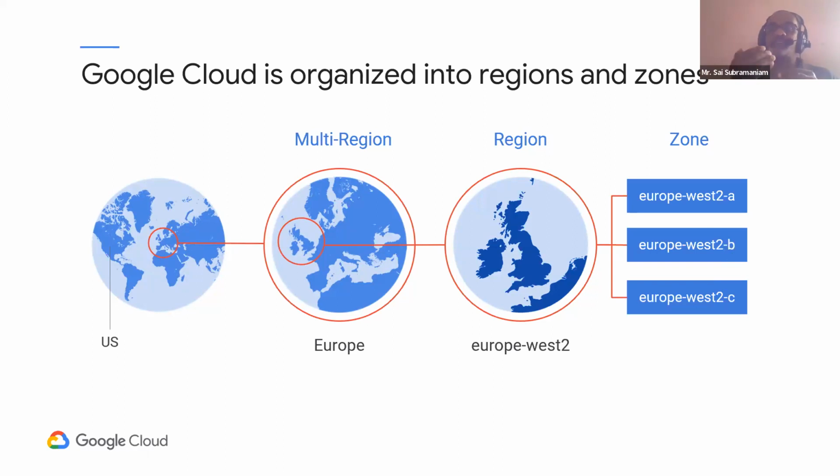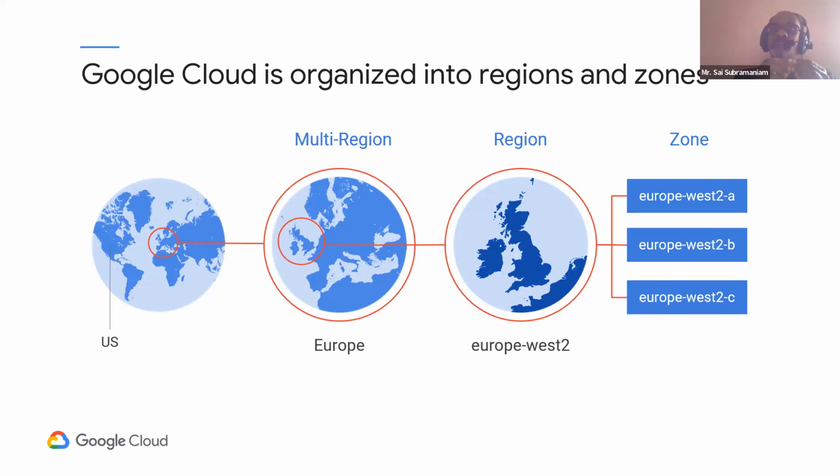And Google Cloud Platform is coming up with more and more regions and zones. So that's the way, being a user or a client, I should know what are the available regions and what are the available zones that the Google Cloud Platform has, so that I can select the appropriate region and appropriate zone where I'm going to deploy my resources.